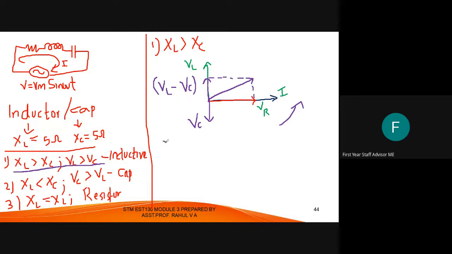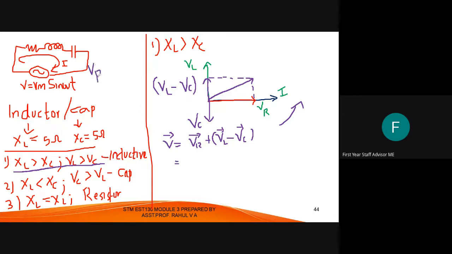So how can I write the formula of the resultant vector? V vector is equal to VR plus vector VL minus VC. So all are vectors. And now I know VR. Yesterday we learned the formulas.